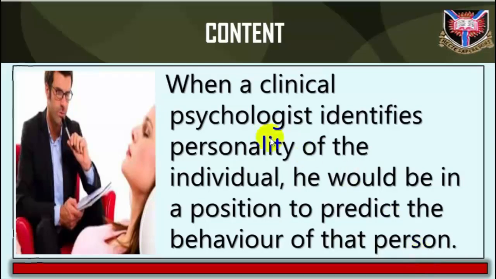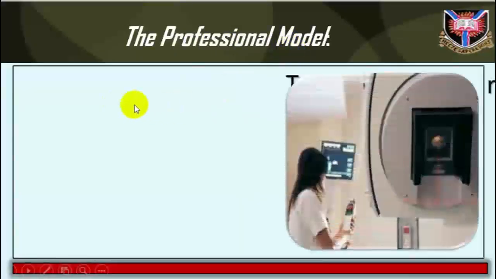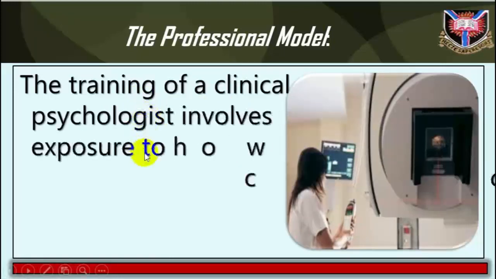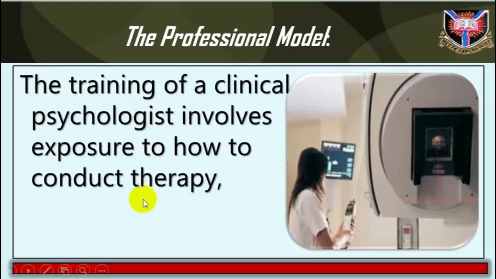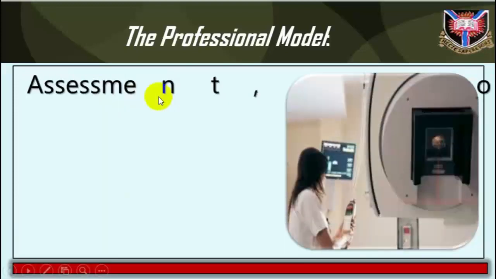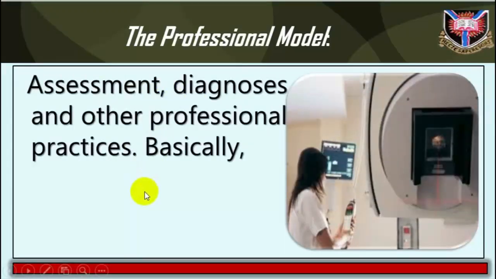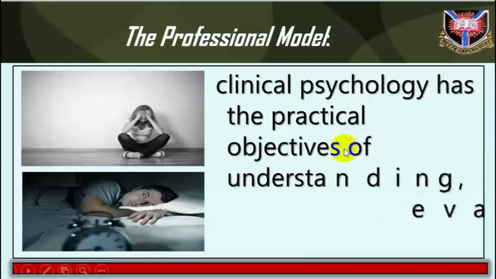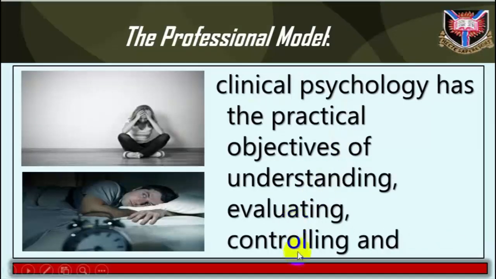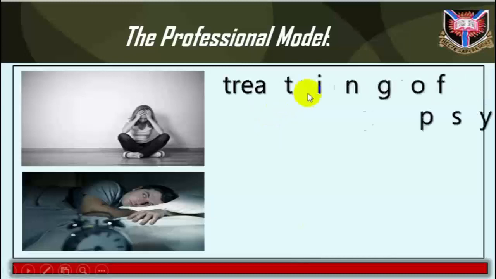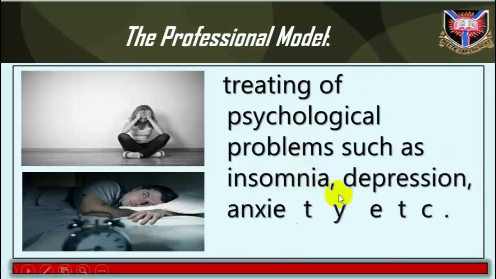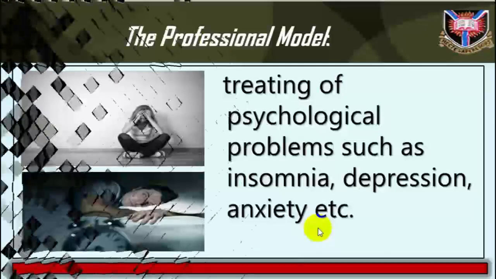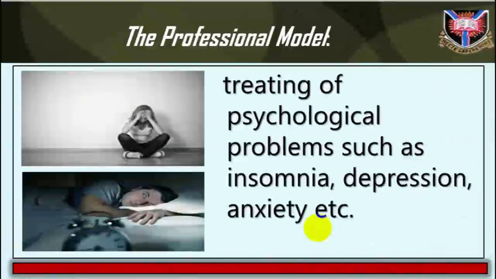The professional model. The training of a clinical psychologist involves exposure to how to conduct therapy, assessments, diagnosis, and other professional practices. Basically, clinical psychology has the practical objectives of understanding, evaluating, controlling, and treating of psychological problems such as insomnia, depression, anxiety, etc. There is an organized body of members with approved qualifications.